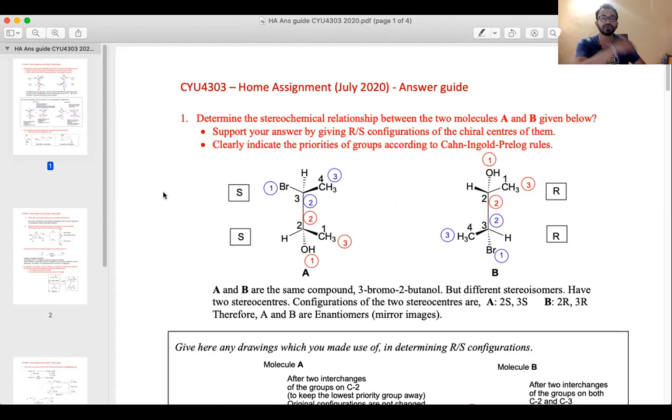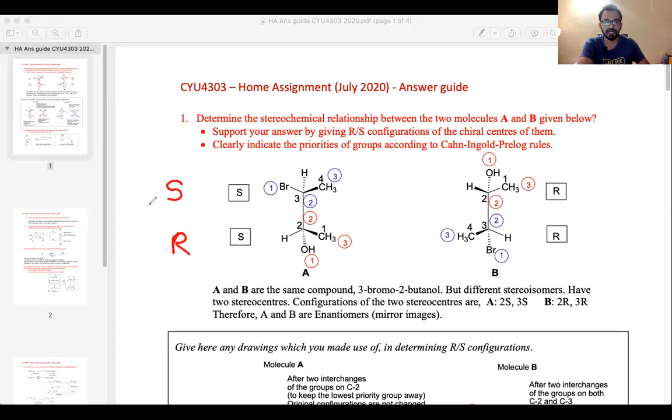If they ask you to draw another stereo center for this one, you can clearly mention SR or RS. So these two, I think you have noticed already, all these compounds contain two stereo centers. So according to 2N, 4 isomers should be there. So these are the 4 isomers: RS, SR, SS, RR. So these are the 4 isomers, right?